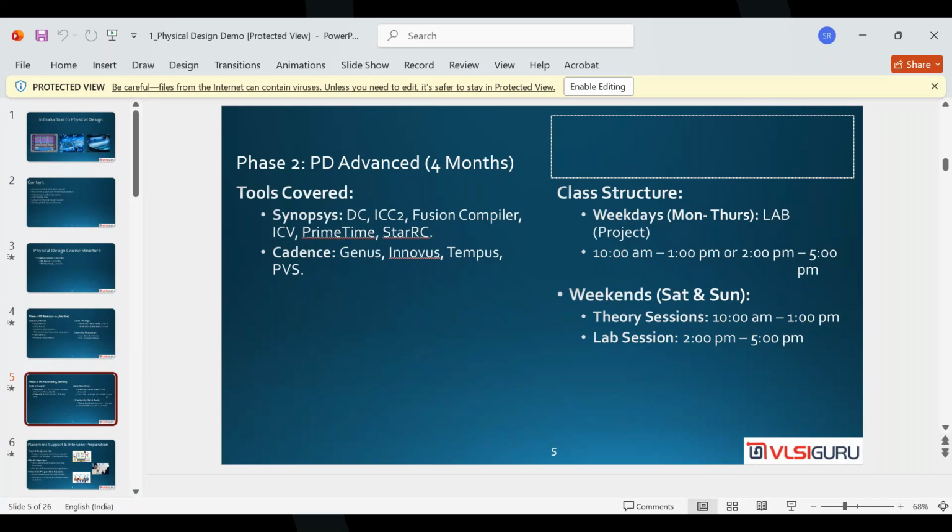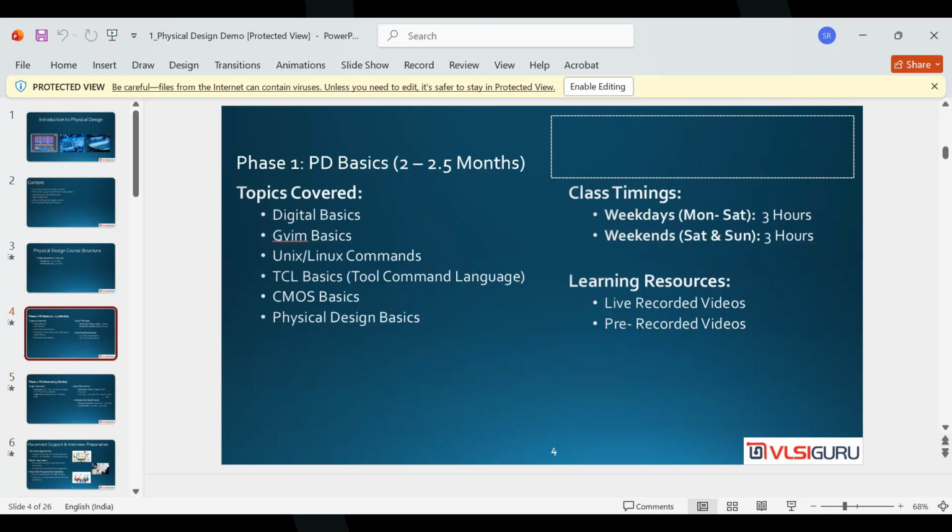See, many of you are from IT background, right? You need to revise the basic subjects, because there is a long gap. Now you are working in the IT sector for 1 year, 2 years, or 3 years. So that education touch is gone, right? You might have forgotten a lot of basic topics also. So that is the reason the first 2 or 2.5 months are given for basics.